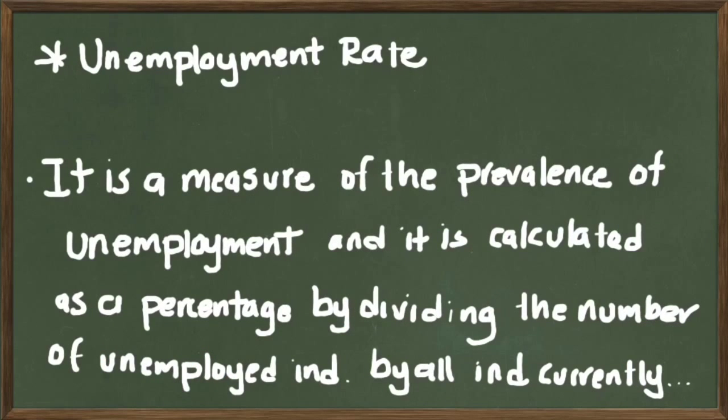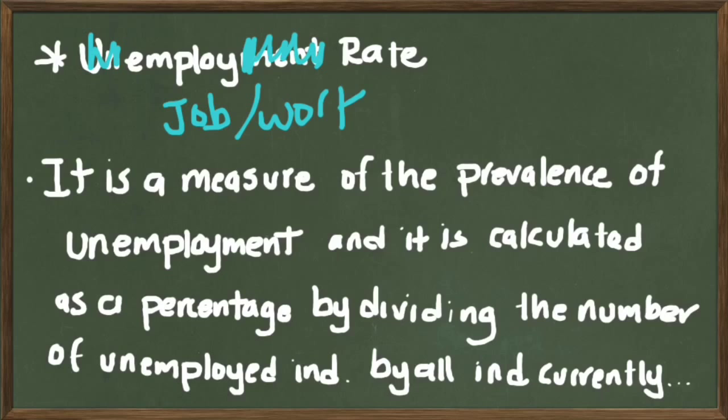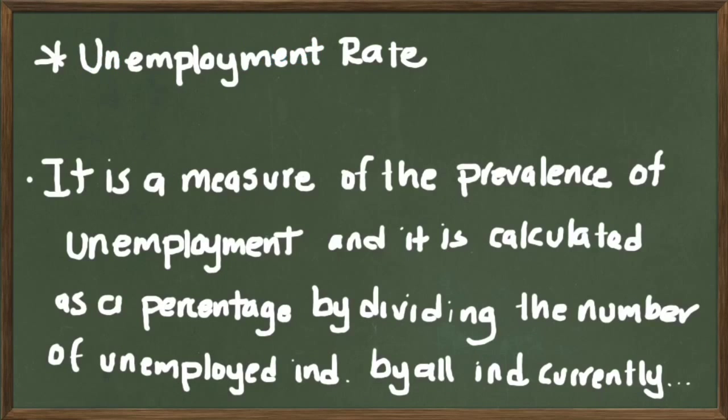Now we have unemployment rate. Unemployment rate comes from the word employ, which is pretty much job or work. Yes? So the unemployment rate is a measure of the prevalence of unemployment, people who do not have a job, and it is calculated as a percentage by dividing the number of unemployed people by all individuals currently working.